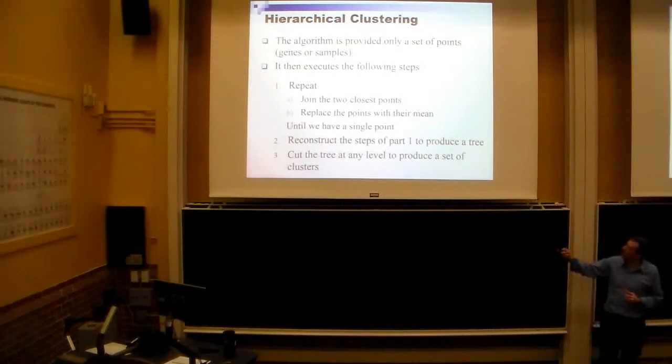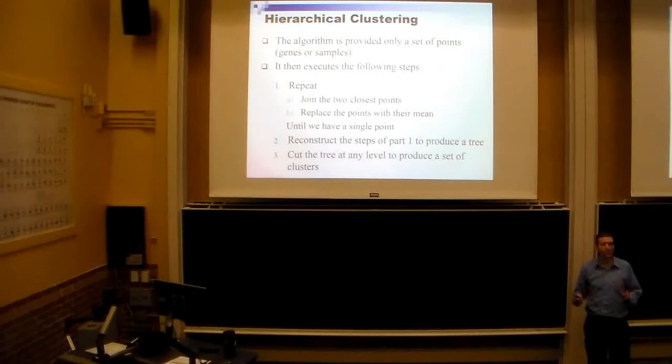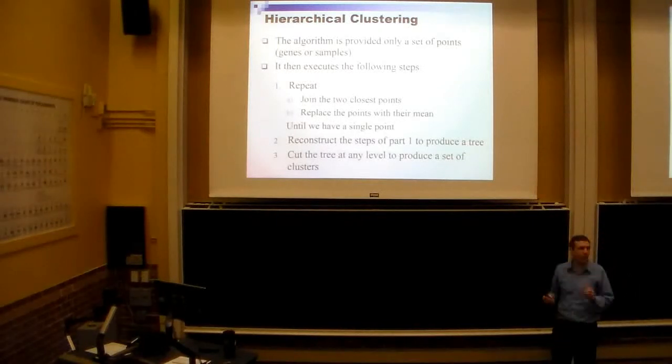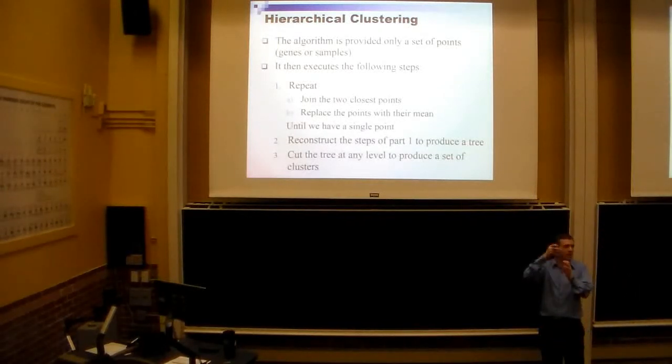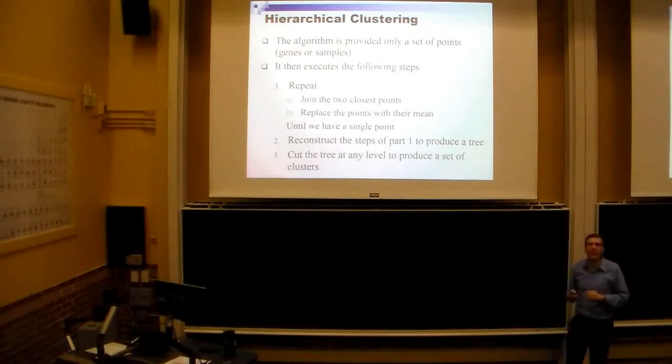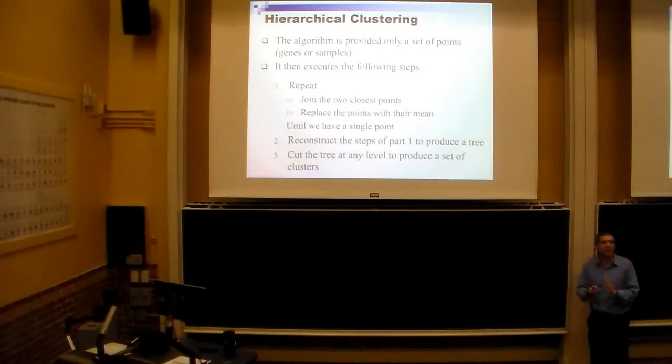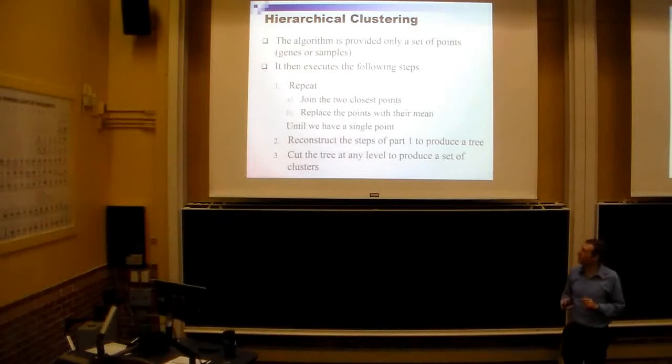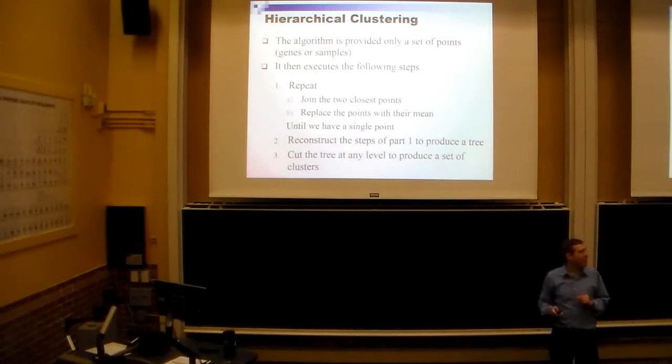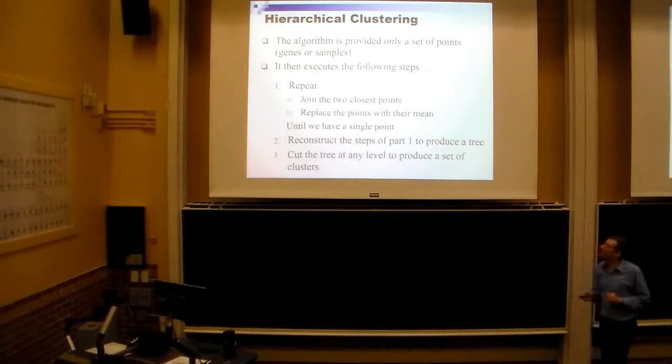At that point, we're going to have a tree that tells us how we collected these points. Each time we join 2 points, we are putting a virtual point above them as a parent in a tree. So at the end, we've got everything down to 1 point. That's the root of our tree. And then we can simply cut the tree at some arbitrary level to give us a clustering assignment of our points.